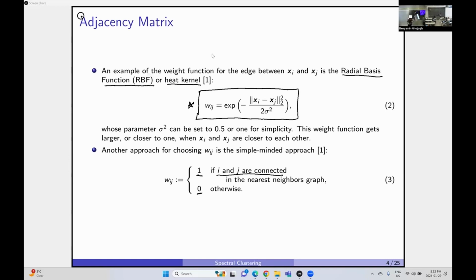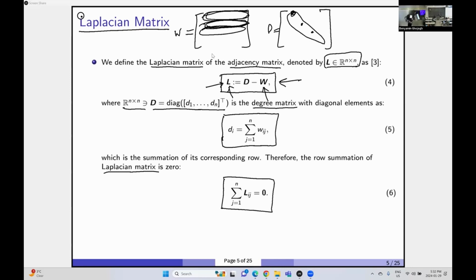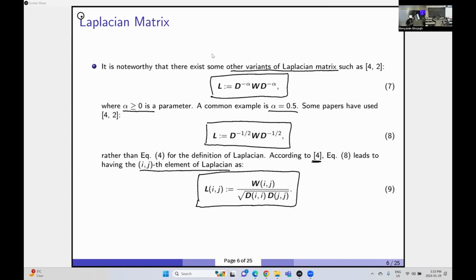And then we also said that we can have the Laplacian matrix for the adjacency matrix, which is defined as the degree matrix, as in equation 5, minus the adjacency matrix, which is W, right? So the Laplacian matrix is equation 4, and the degree matrix is basically a diagonal matrix whose elements are the summations of the rows of the adjacency matrix, right? And we also said that we can have a normalized Laplacian matrix as discussed in this slide.